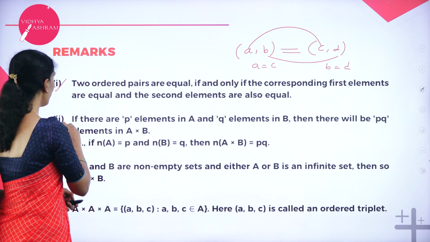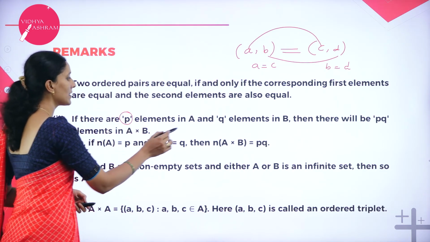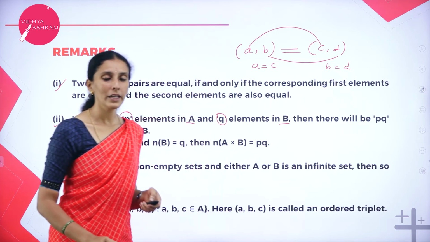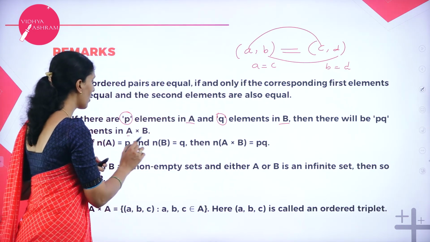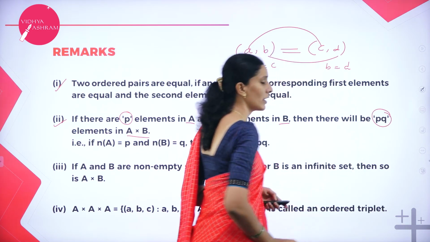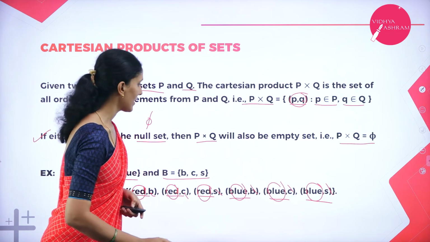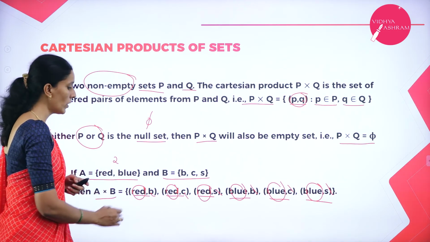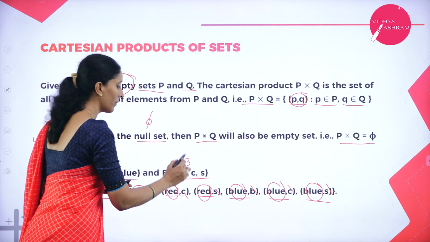Next, if there are p elements in set A and q elements in set B, then how many elements does A cross B contain? That is p into q elements. You can see in our previous example, set A has 2 elements, that is red and blue. Set B has 3 elements.